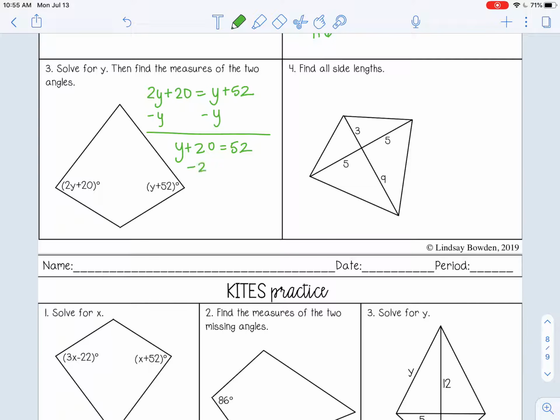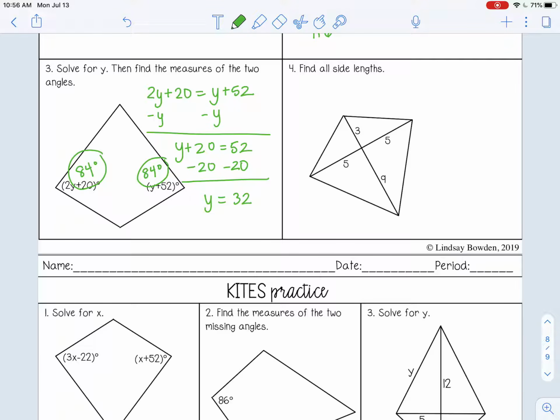Then I'm going to subtract 20 from both sides. So y equals 32. Then to find the measure of the actual angles, I just need to substitute 32 in for y in both expressions. So 32 plus 52, that gives me 84 degrees. And I know this one has to be the same, so it's also 84 degrees.